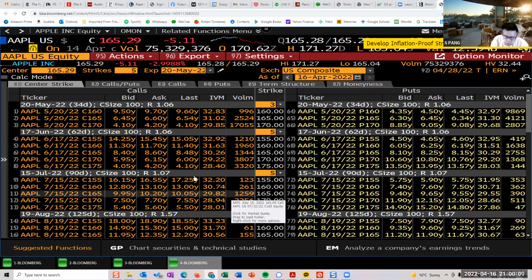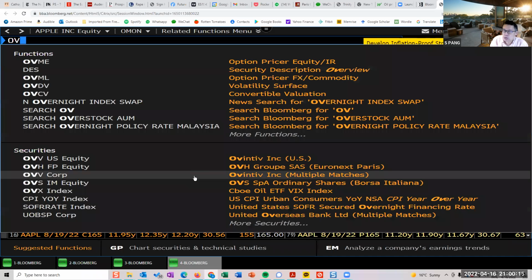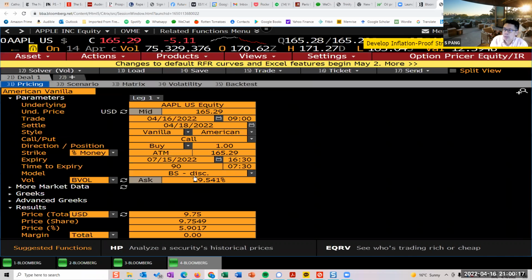And then you can go OV, which stands for option valuation. Here you price a very simple, very basic, completely plain vanilla American call option on Apple, and it defaults to, this must be the market implied vol at the time.